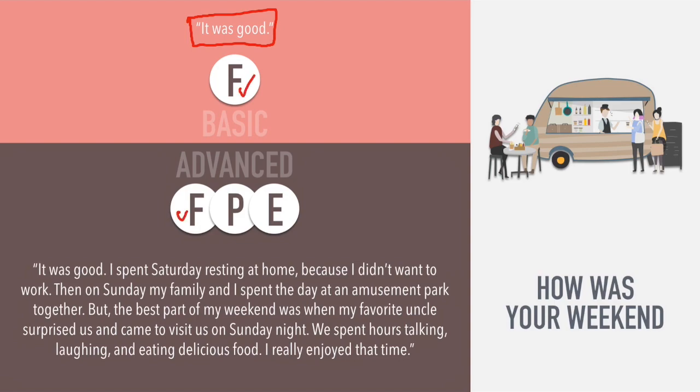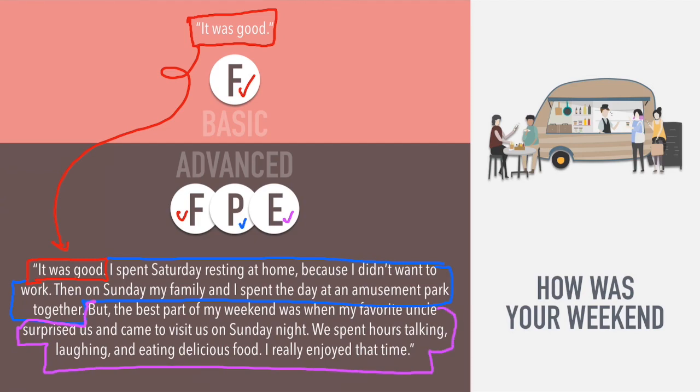But then what happened is for our advanced response, we brought that down into our advanced response and made it the foundation of our response. And then we continued by giving proofs for why our weekend was good right here. And then we ended by giving the example right here, an exact example from our weekend. Okay. This is our advanced response.